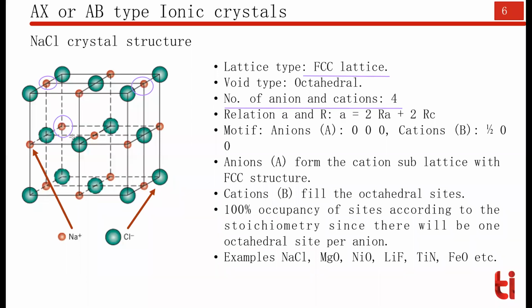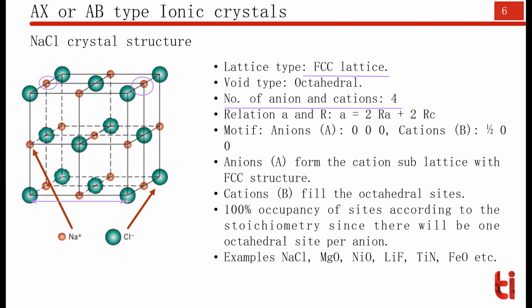If you want to talk about the relationship between a and R, you can easily do so. What you should do is look along any of the edges of the unit cell. So let me draw one line and let us look along that line. For the sake of clarity, I am showing it on a lower edge, so you can clearly see.